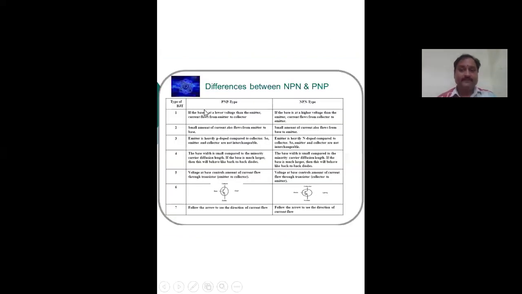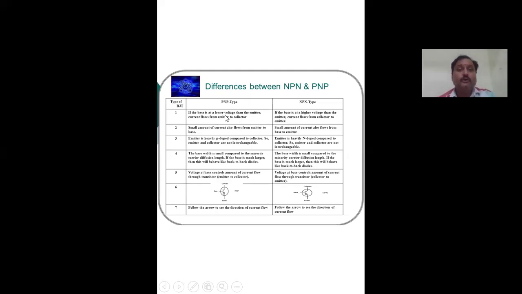Then what is the difference between a PNP and an NPN transistor? The first difference is the symbol, depending upon the arrow mark in the emitter. The other is that in PNP, the base is at a lower voltage than the emitter, and current flows from emitter to collector, according to the symbol or structure diagram.